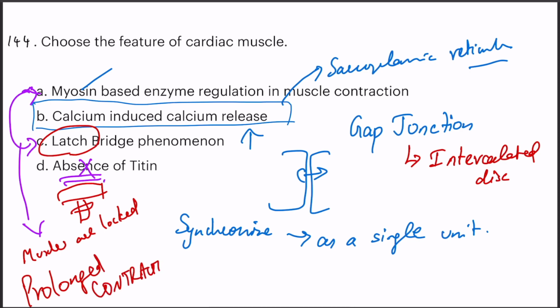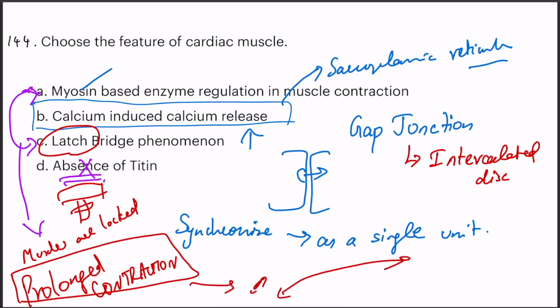By this, the muscle can stay contracted or relaxed for a long period of time. This is called the latch bridge phenomenon. By latch bridge phenomenon, the smooth muscles can stay contracted a long time. So the cardiac muscle feature here, answer is CICR, calcium induced calcium release.